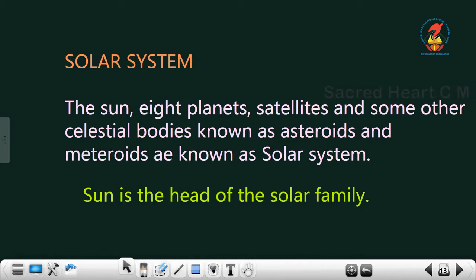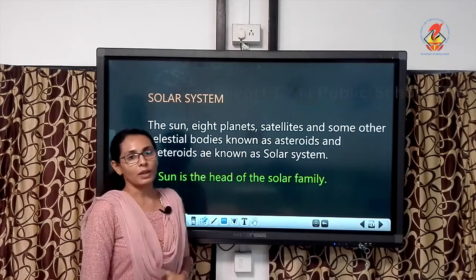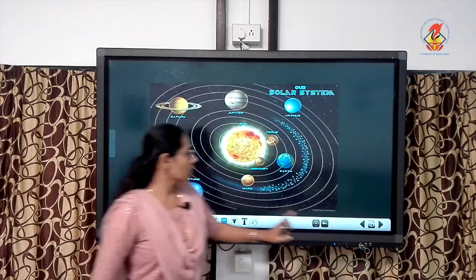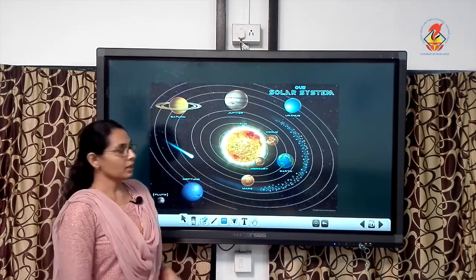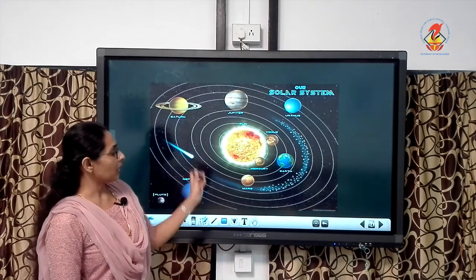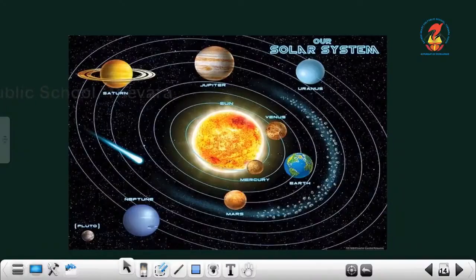And in the solar system, sun is the superpower. That means sun is the head of the solar system. Clear? The solar family, sun is the head. Understood children? So this is the solar system and look at that, sun is the head. Sun is there, then all the 8 planets are there, some tiny objects are also there, stars are there, then in between some other asteroids are also there, some other celestial bodies, asteroids and meteoroids.